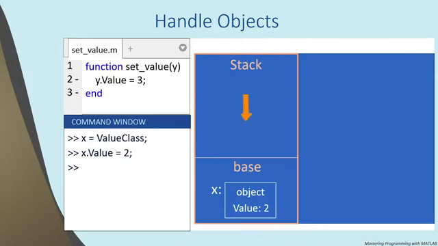We first assign an object of value class to x and set a property named value equal to 2. We aren't showing the class definition because, frankly, we don't care what it looks like, except that it has a property named value. In the stack, we see x in the base frame holding as its value an object of type value class with its value property set to 2.